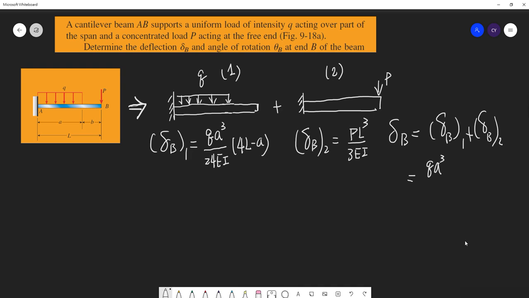QA^3 over 24EI times (4L minus A) plus PL^3 over 3EI. And you can get the value.